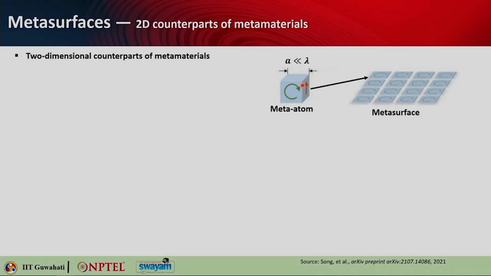If you restrict one of these in the z direction, it becomes extremely thin, and that is what a metasurface is. Then what about the dimension of these unit cells or meta atoms? They are again much sub-wavelength, so the wavelength is much larger than the feature size. That is how metasurfaces will be designed.